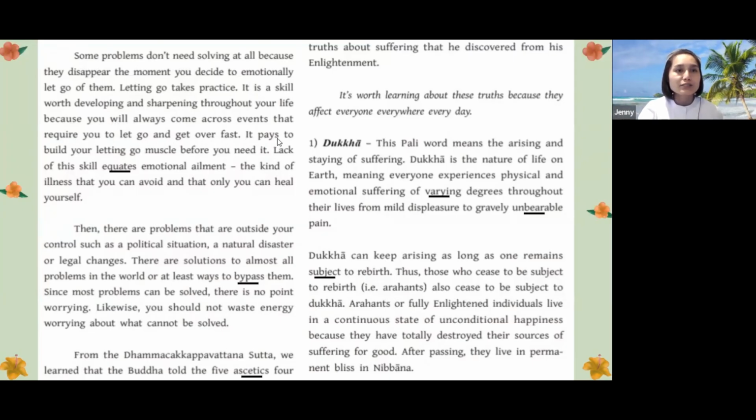It pays to build your letting go muscle before you need it. Lack of this skill equates emotional ailment, the kind of illness that you can avoid and that only you can heal yourself.